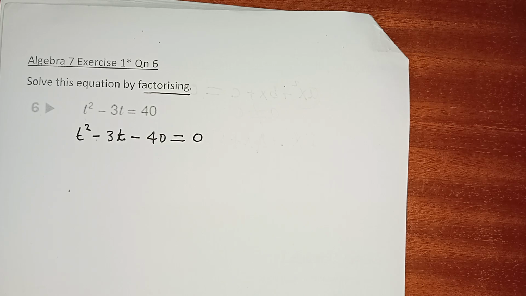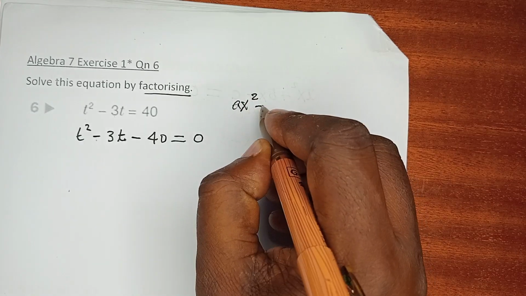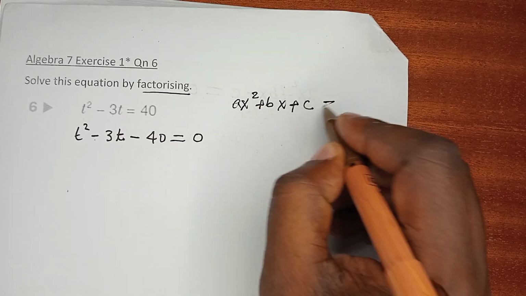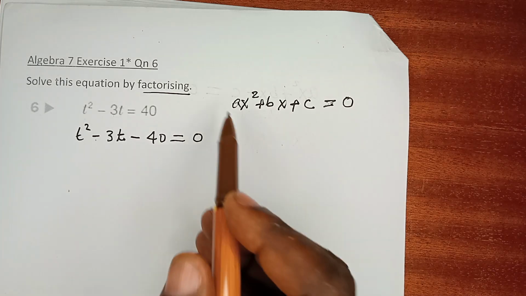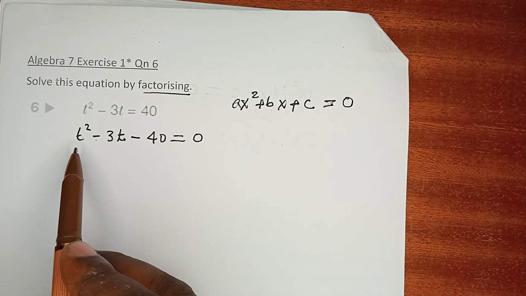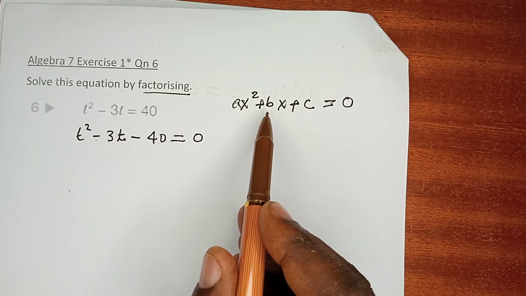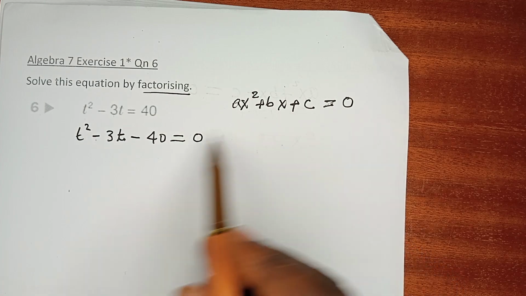Now that we know the general format of a quadratic equation is ax squared plus bx plus c is equals to 0, where a is actually this coefficient in front of the t squared, b is the coefficient in front of t, which is negative 3, and c is this one.